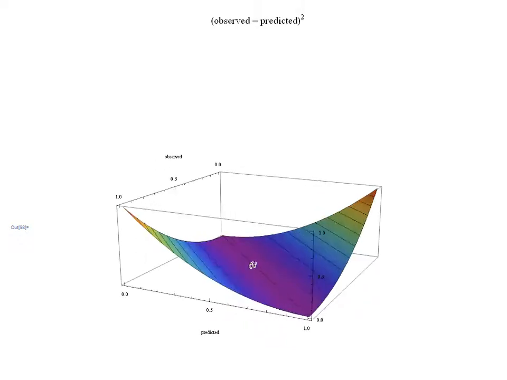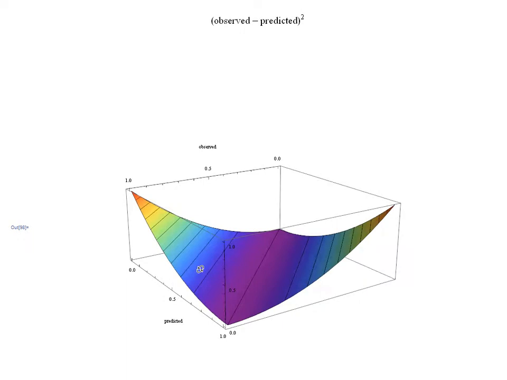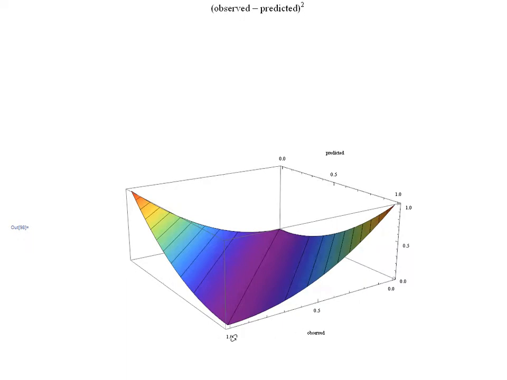Now all that really matters, of course, is the slices of an observed win, an observed draw, or an observed loss here.